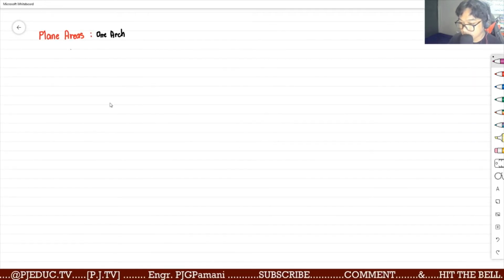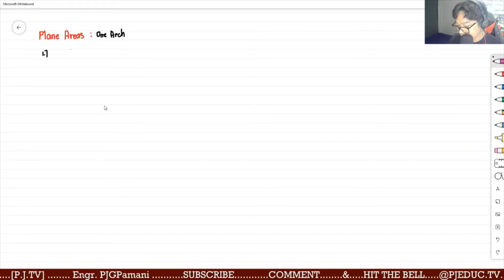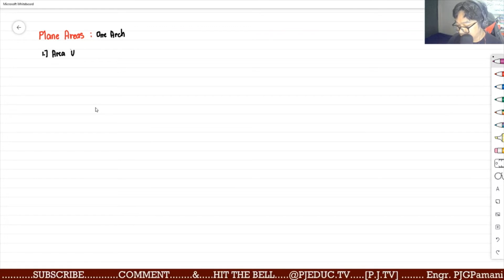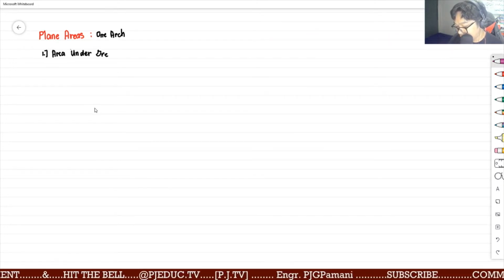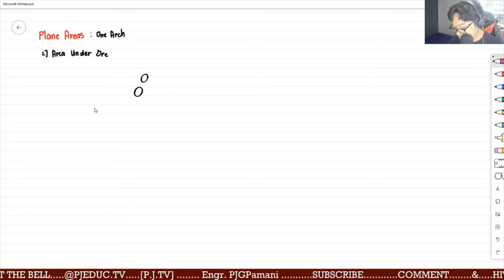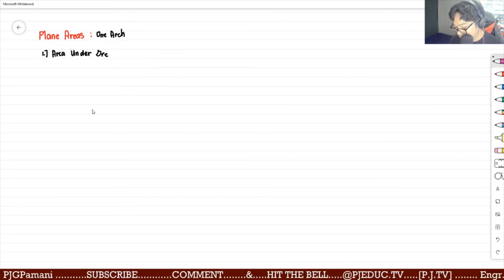Now, consider this particular example. Find the area under one arc. Pag arc ang pinag-uusapan, it could either be sine curve or your cosine curve. Okay?